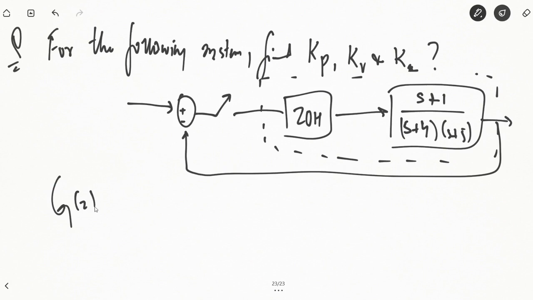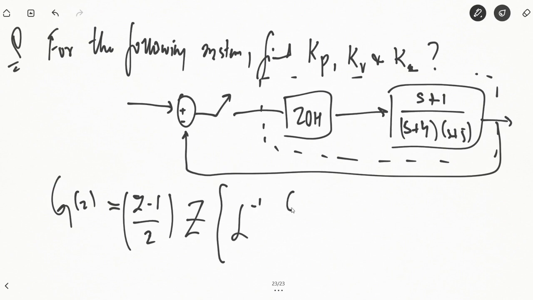So G(z), as we know, when a zero order hold is in cascade with any transfer function Gp, will be (z minus 1) by z times the Z transform of the Laplace inverse of Gp divided by s, where Gp is (s plus 1) divided by (s plus 4)(s plus 5).